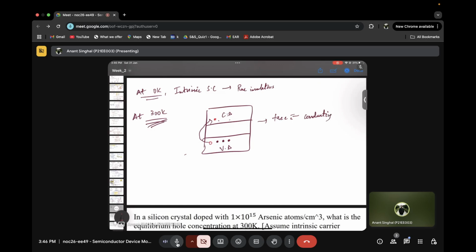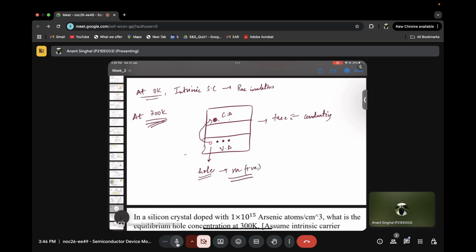And this is what we call a free electron, and the deficiency that it has created is what we call a hole. So a hole is actually not a particle, but the deficiency that has been created by the electron that has gone from the valence band to the conduction band. And just to give it some physical quantification, we give the hole the same effective mass but with a positive charge.